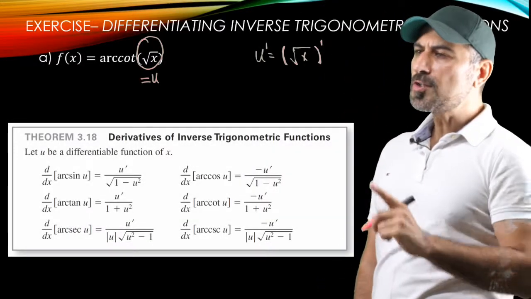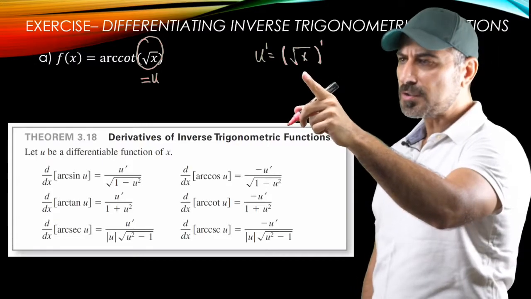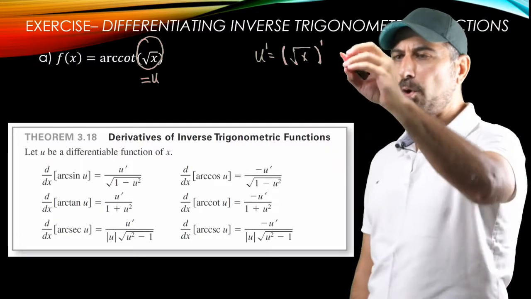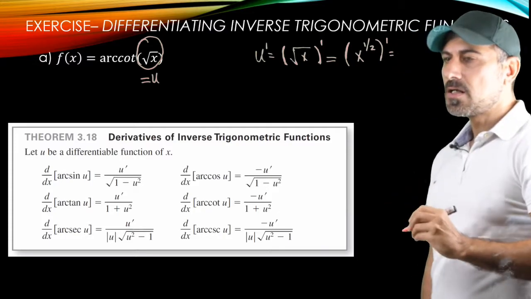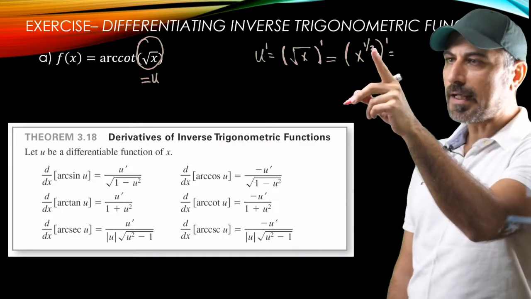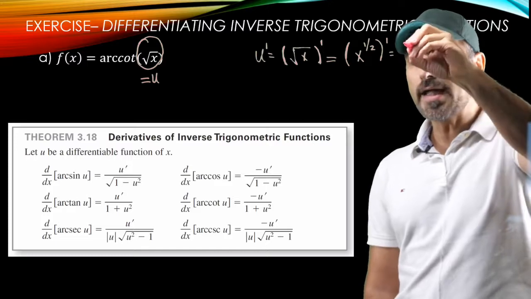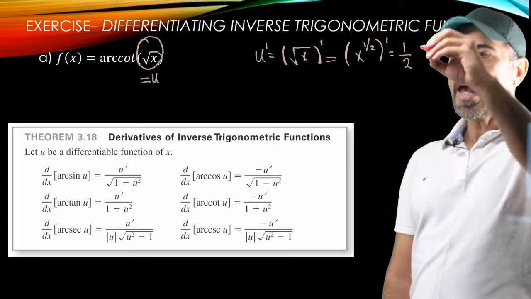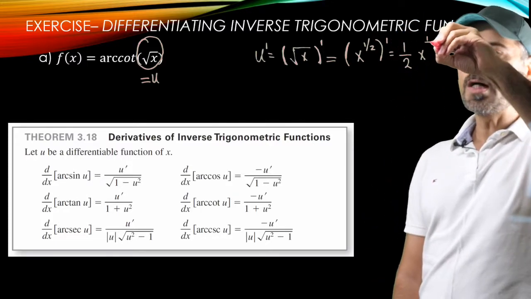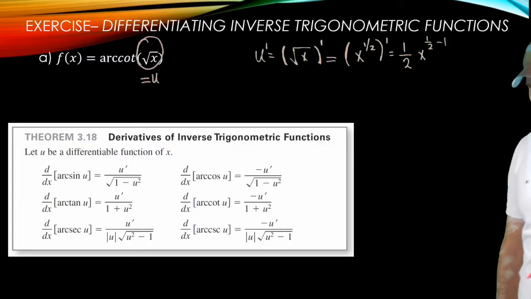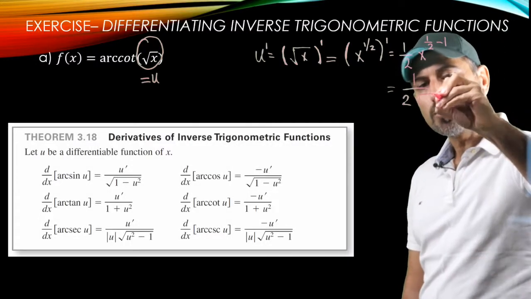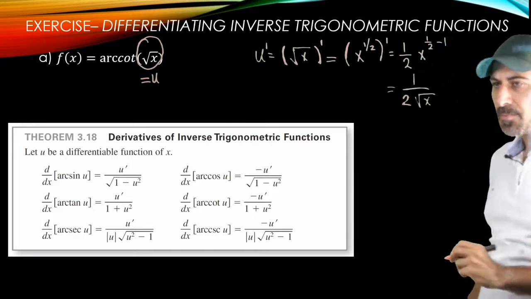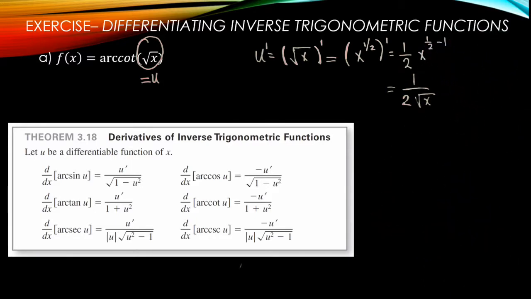So why don't we use the power rule for this, but we first need to rewrite this in the exponent form, all right? So we're going to take the prime of that. So the power rule says that this is equal to 1/2 x to the power of 1/2 minus 1. If you simplify this, it becomes 1 over 2 root x, because x to the power of negative 1/2 is 1 over root x.